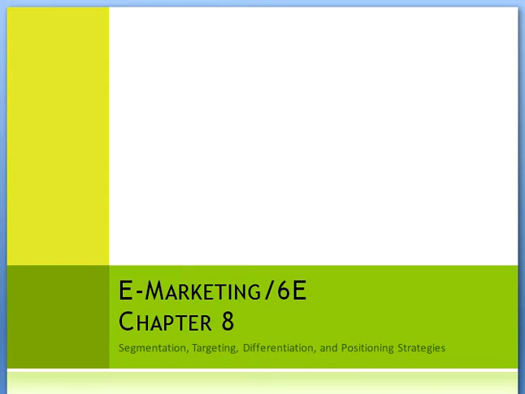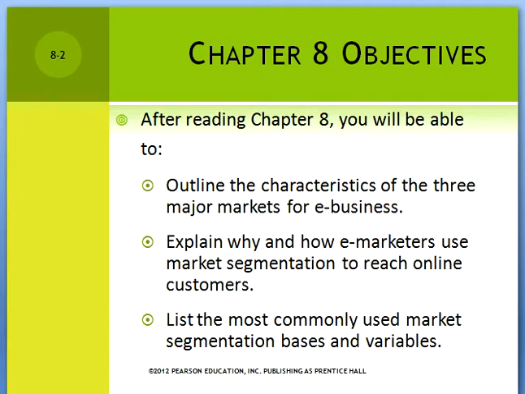So let's have a look at the objectives. Firstly, we'll outline the characteristics of three major markets for e-business. Secondly, we'll explain how e-marketers use market segmentation to reach online customers.